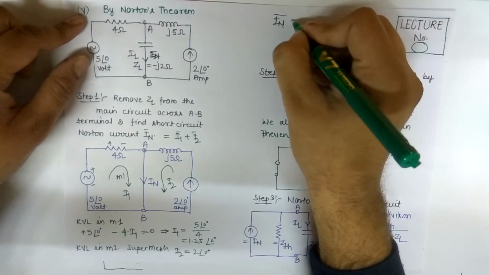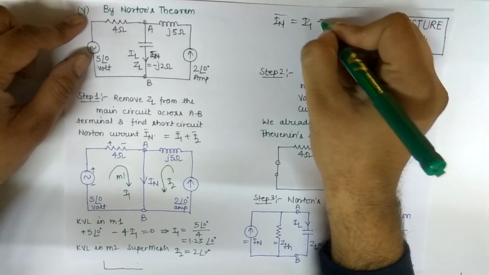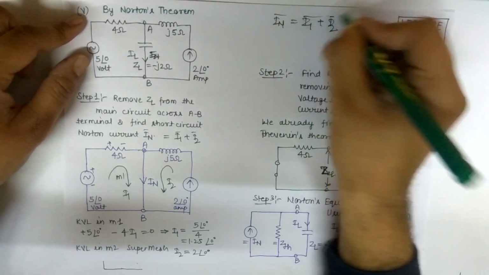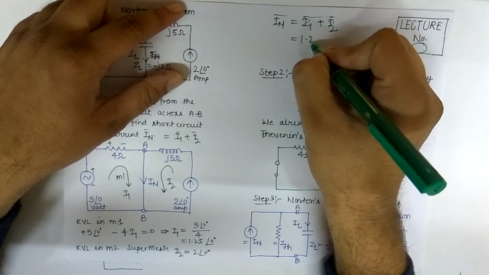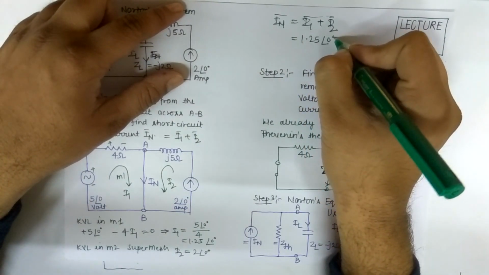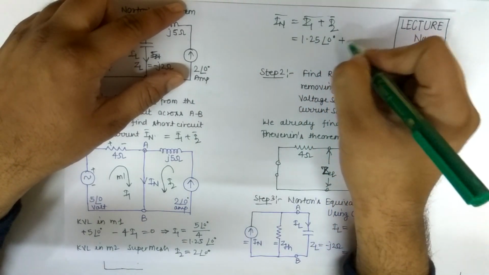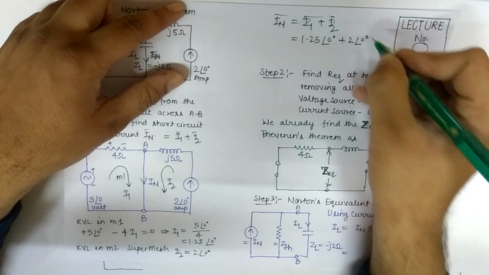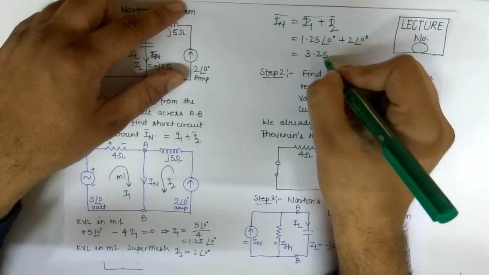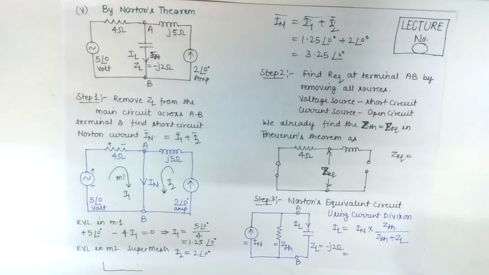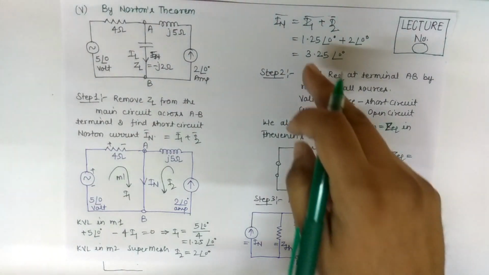So in this way, we find out IN here. IN, that is I1 plus I2. So we know the value of I1 and I2, put here 1.25 angle 0 degree plus 2 angle 0 degree. It comes 3.25 angle 0 degree by using calculator. So in this way we find out IN.